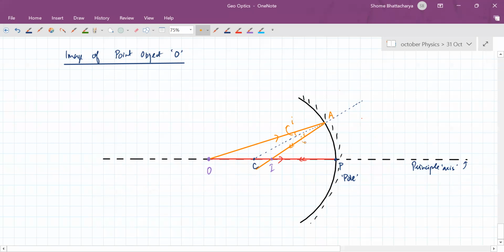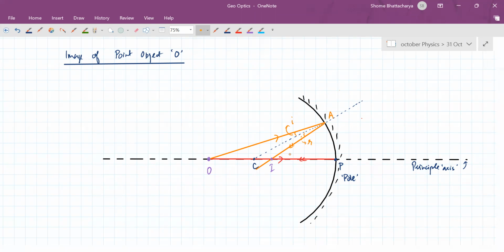And as you can see, in this case, it is a real image because they're actually intersecting at this point. So to observe that image, actually, we will have to place a screen at that point I, or a photographic plate, which will receive that image. We'll not be able to see this image with the naked eye like we see for a virtual image. It's not behind.